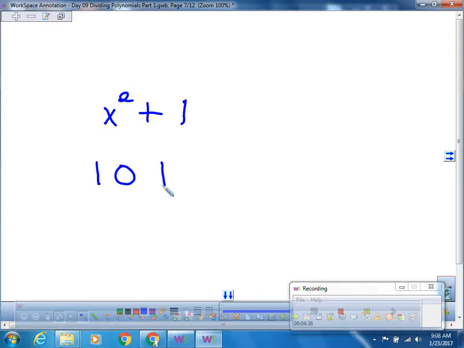Why would it be 101? Because this is the hundredth place. So it's very important that you realize that. Your tens place is always going to be your constant. So this should be written x squared plus 0x plus 1.